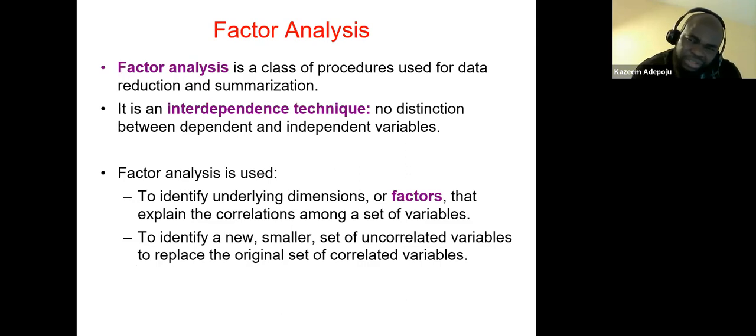It's not going to work well. So we need a new set of variables in place that have already been trimmed. And that is one of the functions that factor analysis shares with principal component analysis.